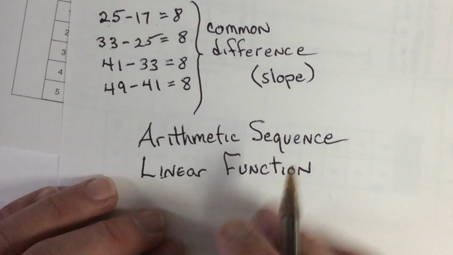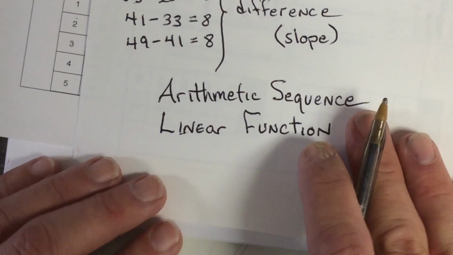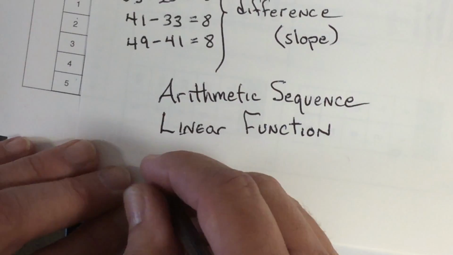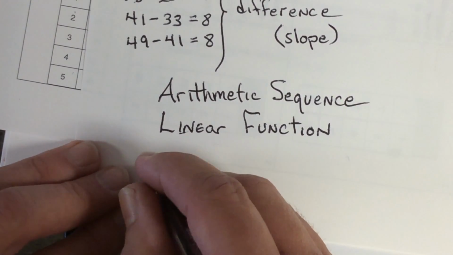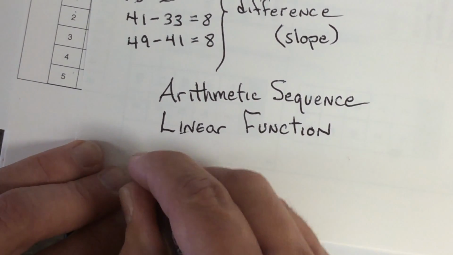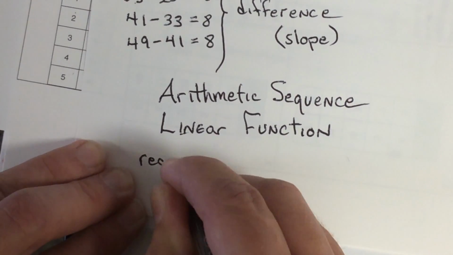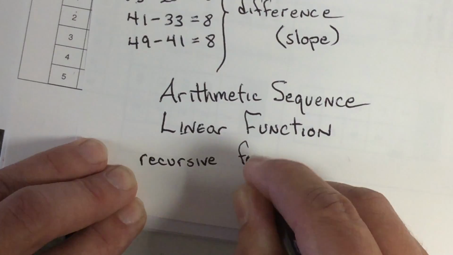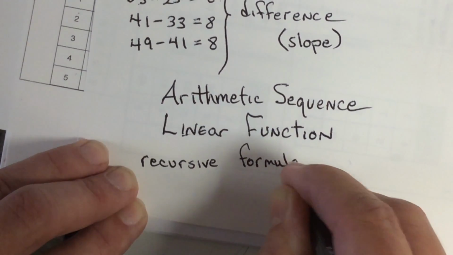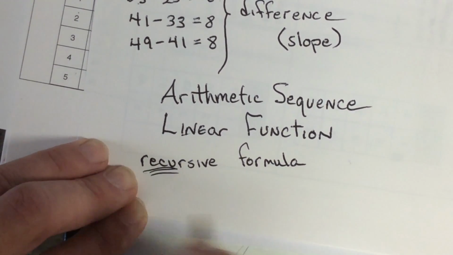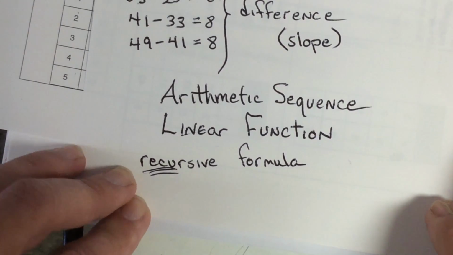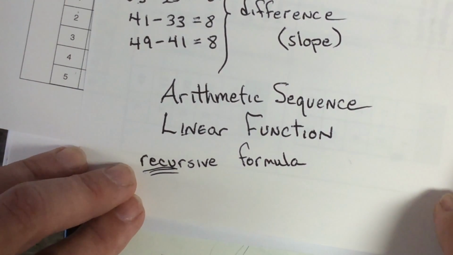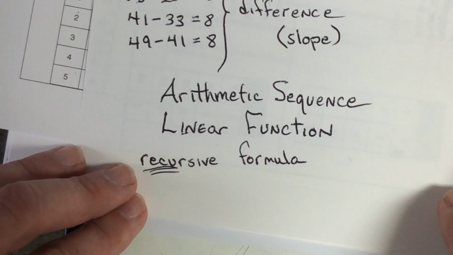Now, the way you write what the sequence is in math words or math symbols, one way is called a recursive formula. And it's called recursive because of this word right here, it recurs. We're talking about what you are doing over and over and over again to make this sequence.